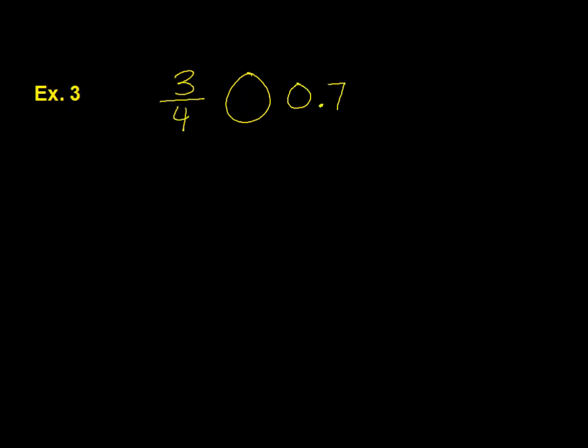Example number 2: 3/4 is greater than, less than, or equal to 7/10? We can see in this case that the right-hand side is done for us, so we're just going to leave that alone. So we're going to convert 3/4 into a decimal number. So we have 3 divided by 4.